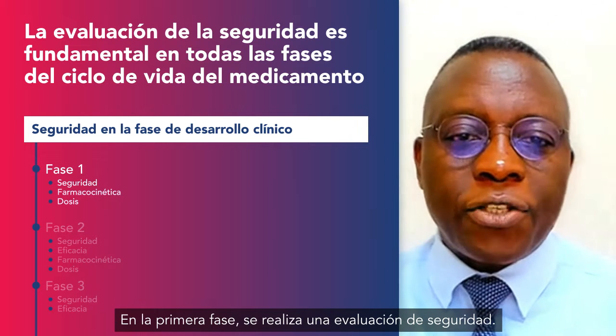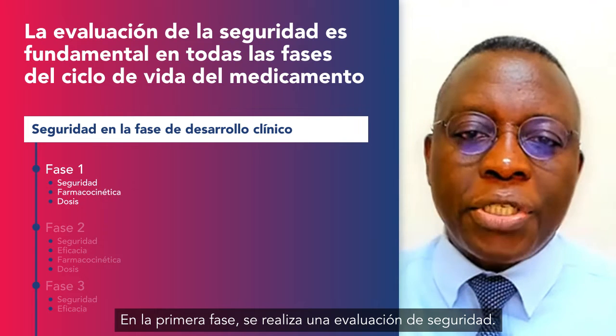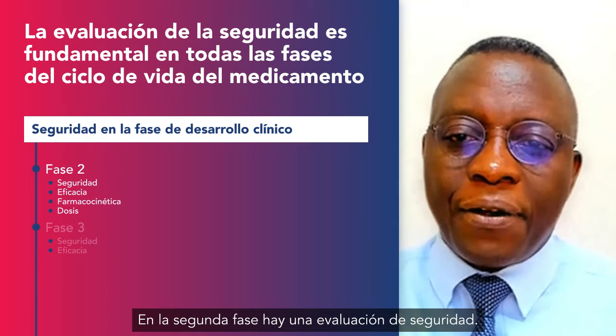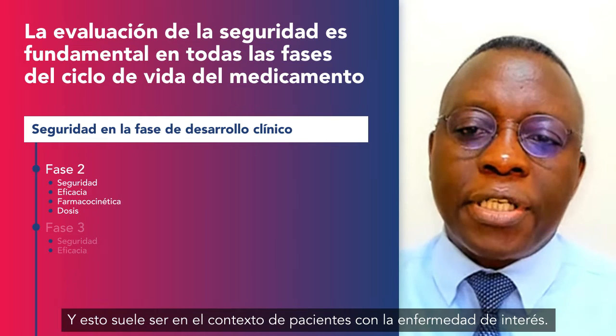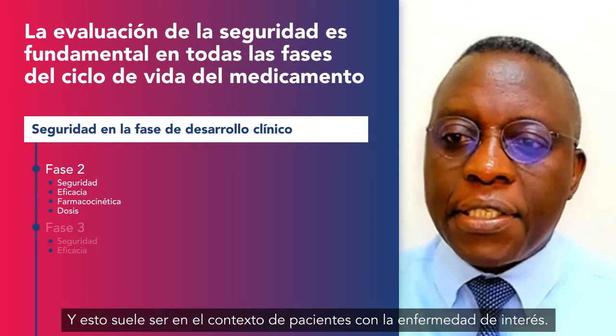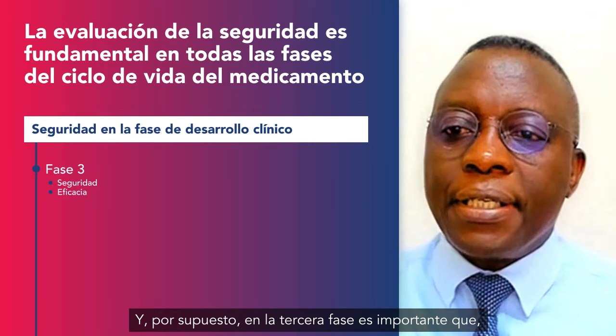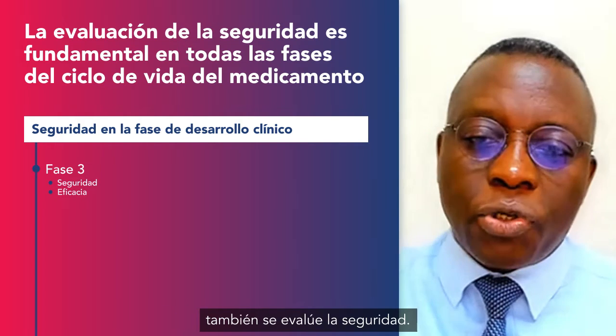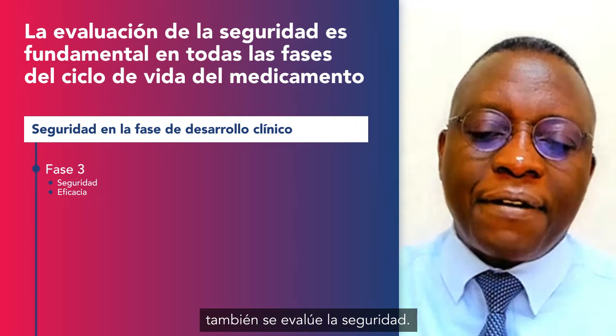When one is looking at phase 1, there is safety evaluation that takes place. When it's looking at phase 2, there is safety evaluation, and this is usually in the context of patients with the relevant disease. And of course, phase 3 is important. In addition to the efficacy evaluation, there is also safety evaluation.